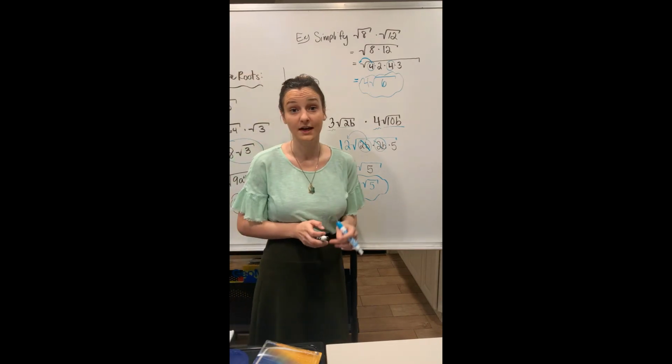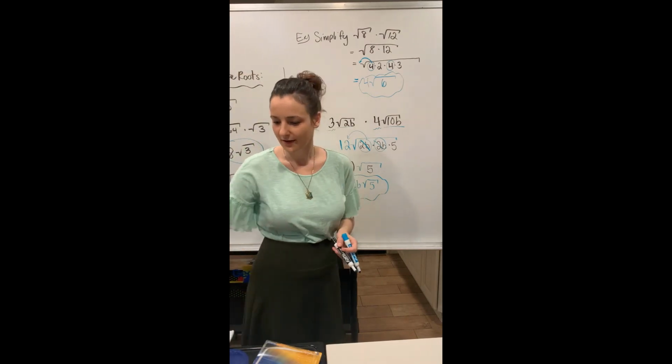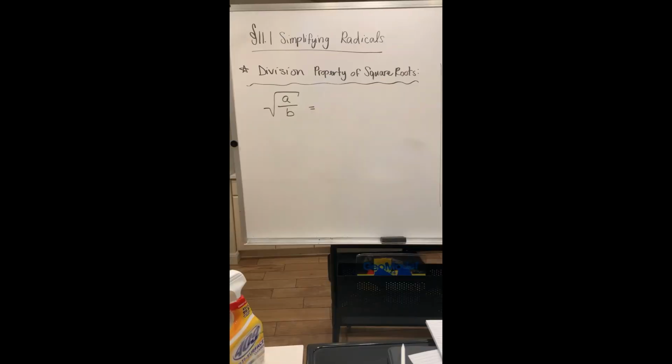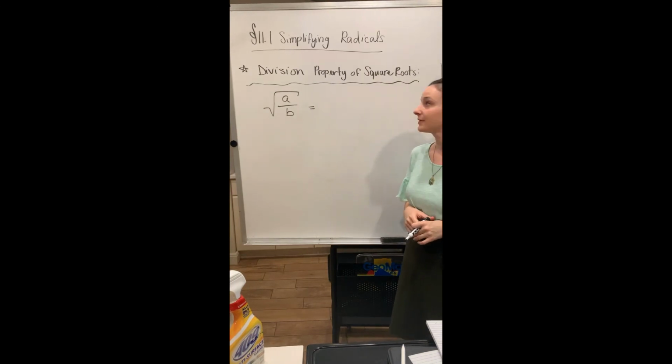Next up, we're going to discuss the division property of square roots. The division property of square roots is similar to the multiplication property of square roots. We are going to be taking the two factors that are inside of the radical and separating them in a way that's going to be easier for us to simplify that radical.